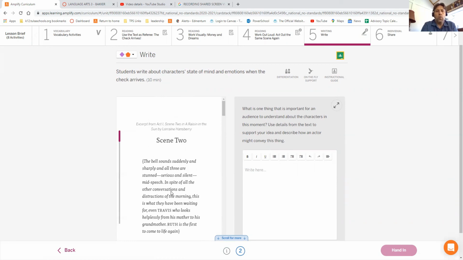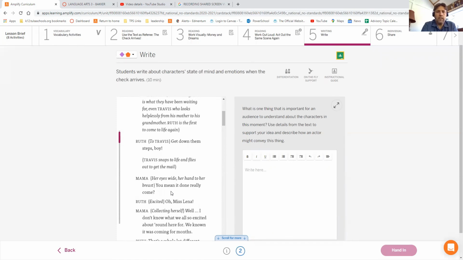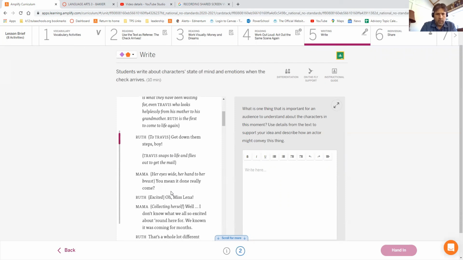Okay, so right here, when the check arrives, when the mail gets there, what is something that you need to know about the characters? You need to use details from the play, okay? Details from the commentary, whether it's the stage directions, whether it's the way the character is supposed to act, whatever. And you need to describe how an actor might convey this particular thing.